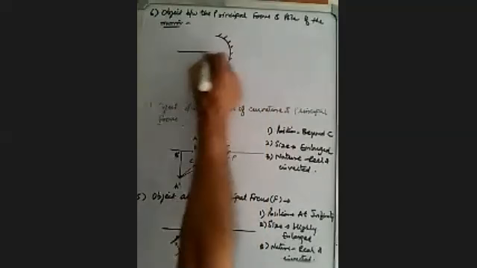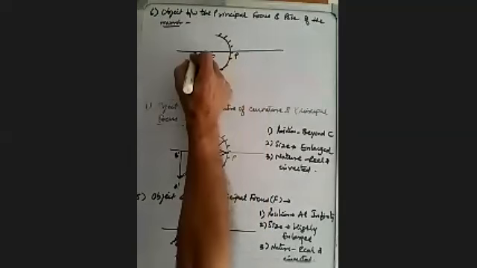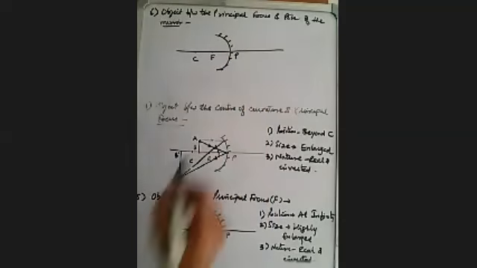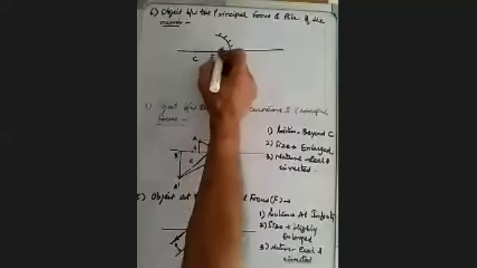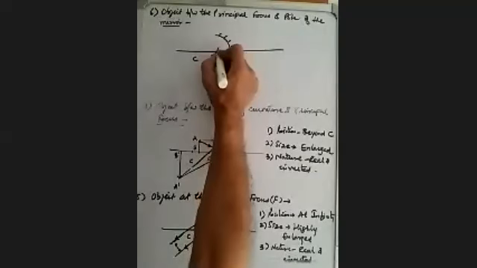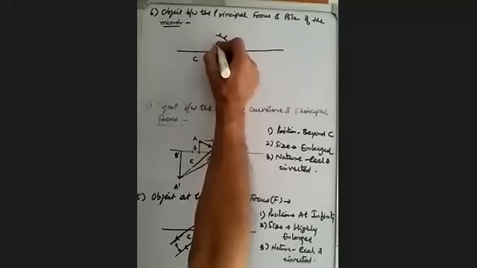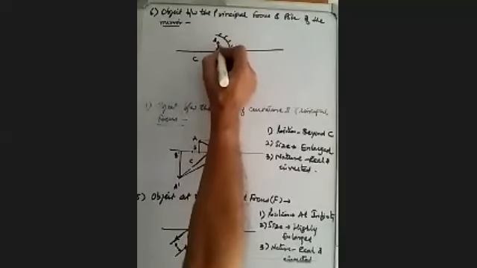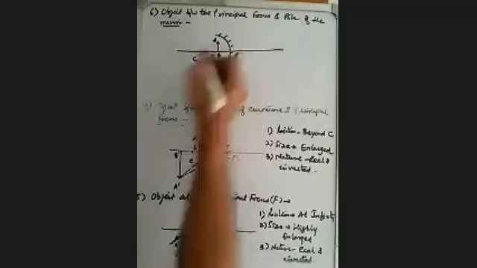Pole, this is say F, this is C. Okay. So object is between F and P, somewhere here. So AB is the object lying between P and F.